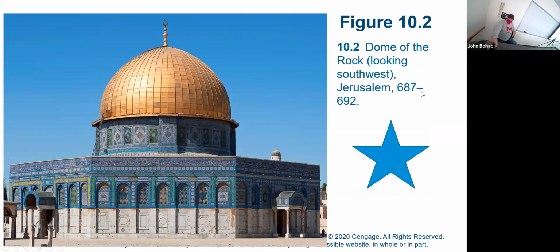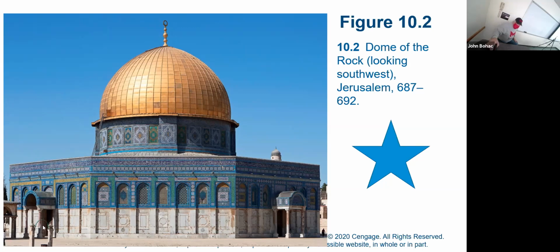This is the first slide, and I got this as a starred item. And part of that is because this is really the first truly dedicated Islamic architecture. It's the Dome of the Rock. It's in Jerusalem, and it is a World Heritage Site.